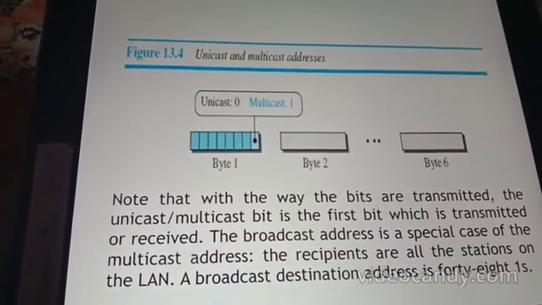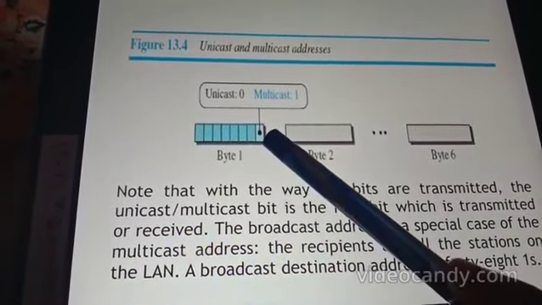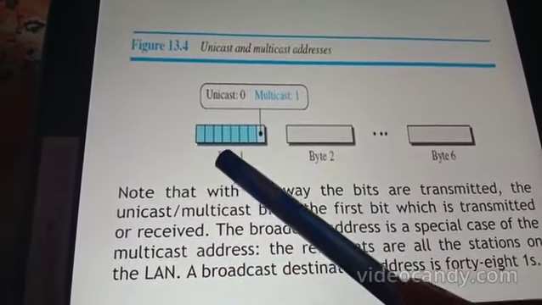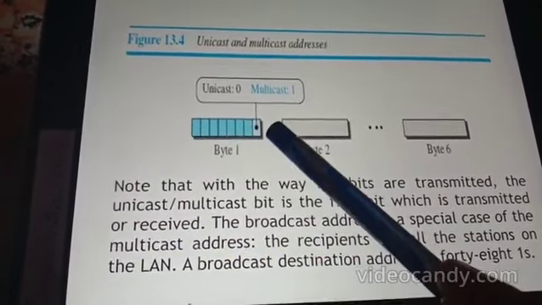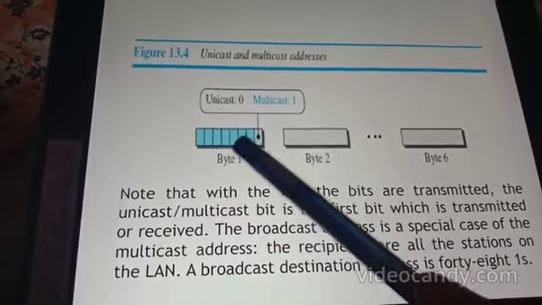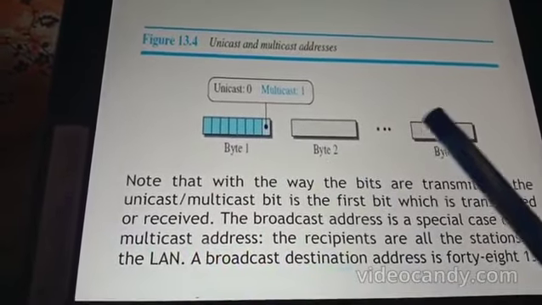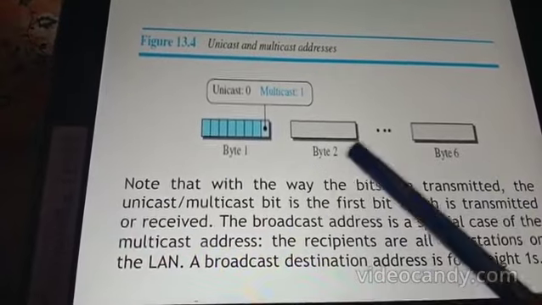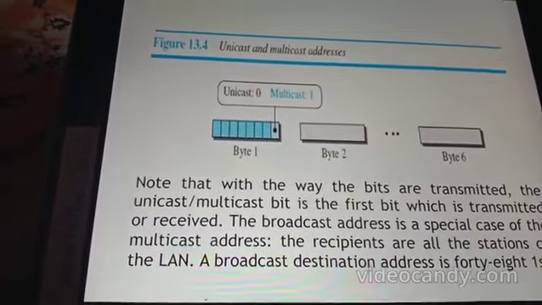The broadcast address has all the bits as 1. The broadcast destination address is 48 ones. So each byte is FF. All the 48 bits, or 6 bytes, will be 1 for broadcast.